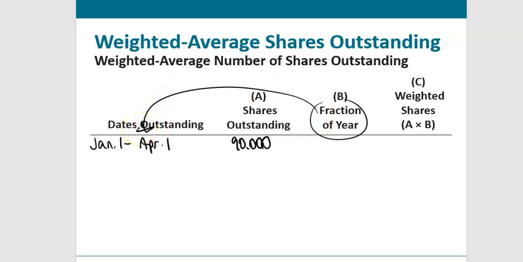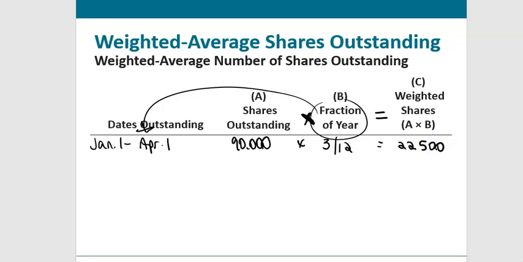January, February, and March, this is 3/12 of the year. So if we multiply the number of shares outstanding times the fraction of the year, we're going to get our weighted shares for each period, and then we're going to add them up to get the total weighted average shares outstanding. So 90,000 shares for 3/12 of the year works out to be weighted shares of 22,500.